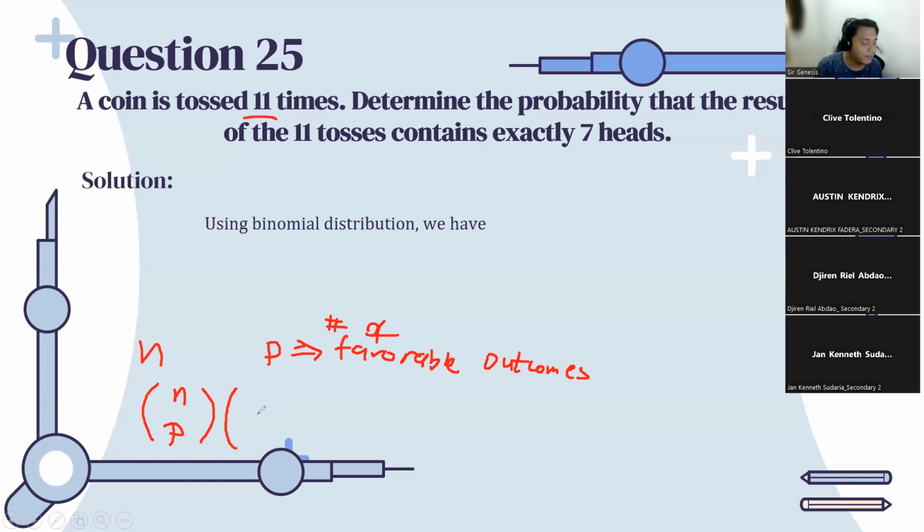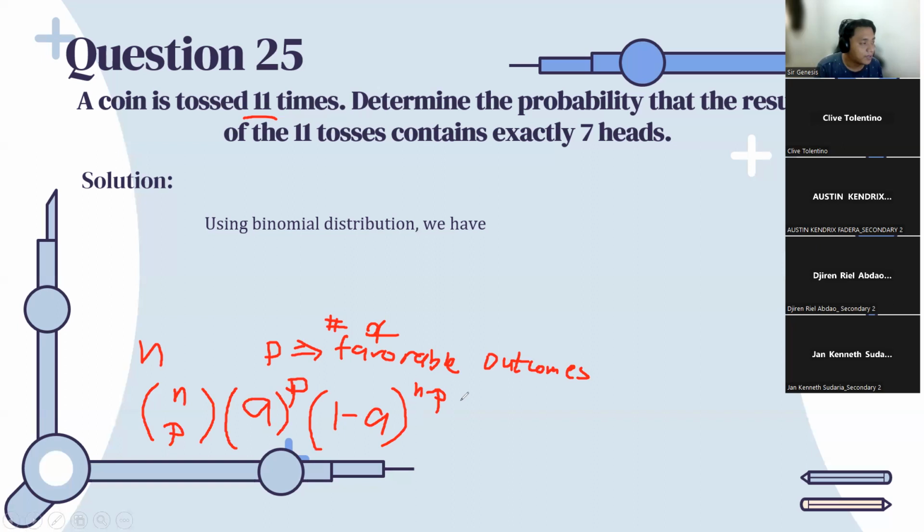What letter should I use? I could just use A. So A is the probability of it happening, and then A raised to P multiplied to 1 minus A, because the total probability is 1, you have 1 minus A, and then raised to N minus P.